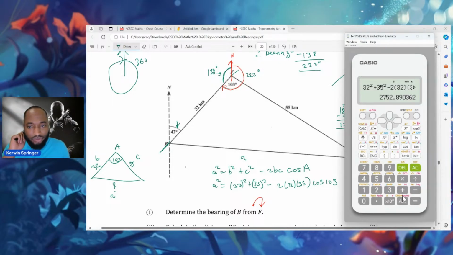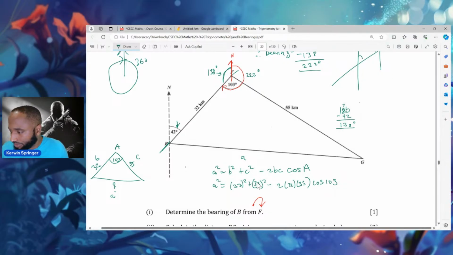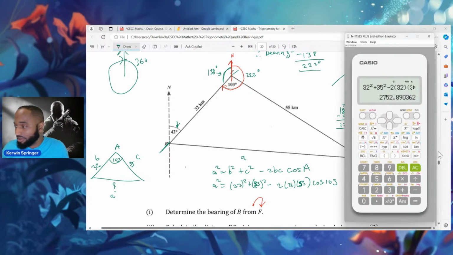I put in something wrong. 55, sir. 55. That's the worst kind of error I could possibly make in an exam. You write the wrong number. So 55. Put that 55.